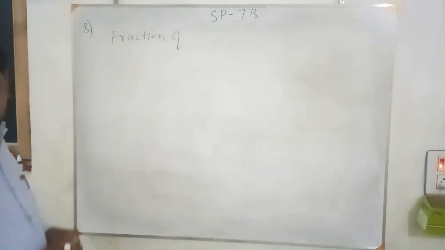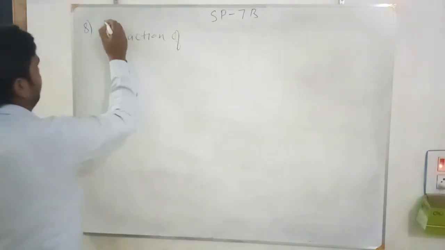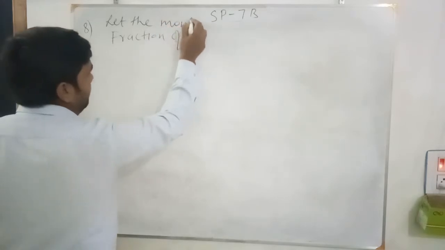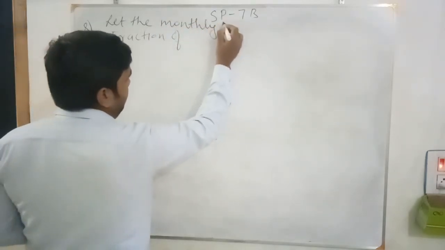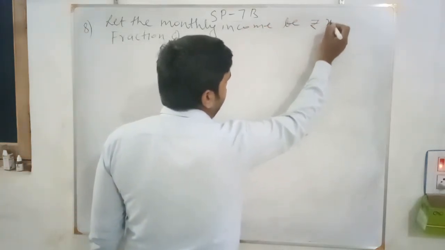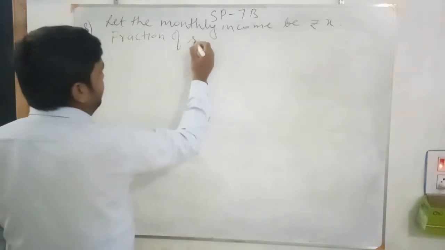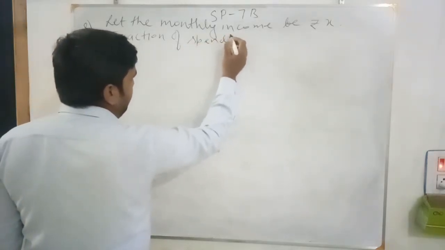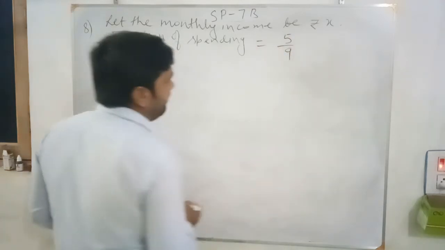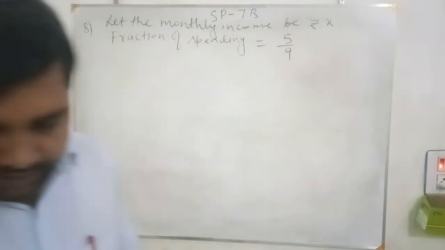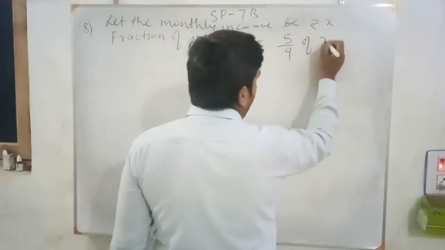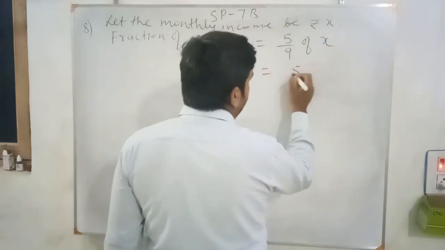First of all we write, let the monthly income be rupee X. Now the fraction of spending equals to 5 by 9 of monthly income, that is 5x by 9.